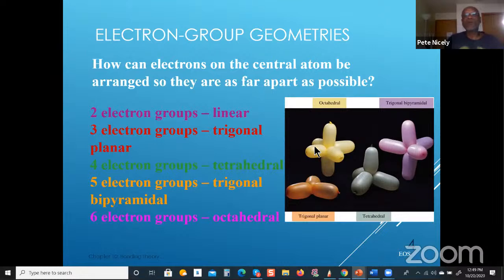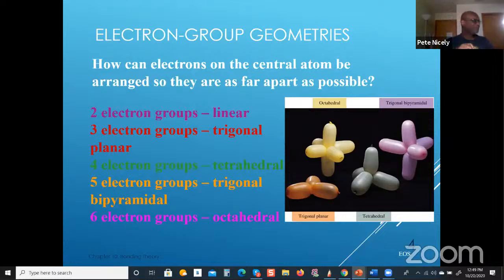As I said before, the linear one is not shown, but you can imagine it being a straight line arrangement. And there are others actually above 6, but at this level, the limit would be 6 electron groups as far as we're concerned, all right? So these are possible electron groups that we will be encountering in this chapter.